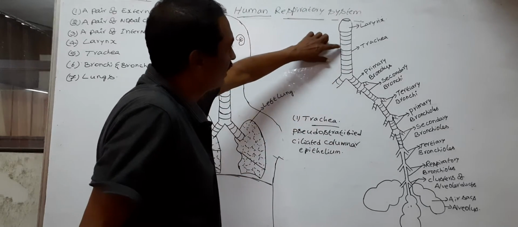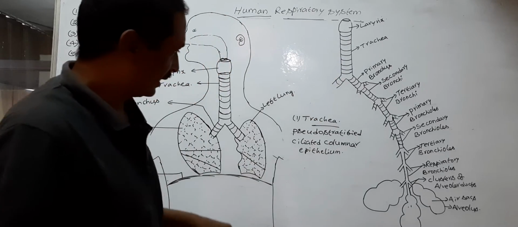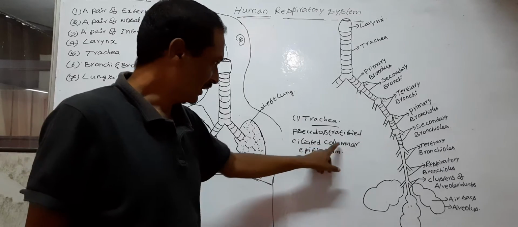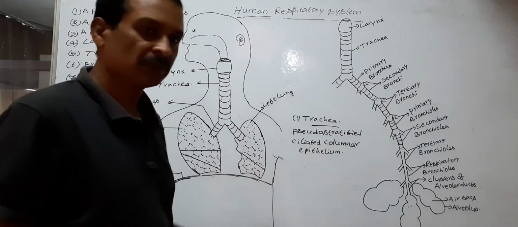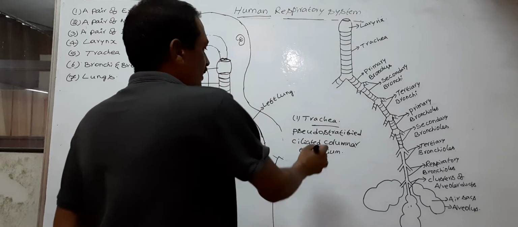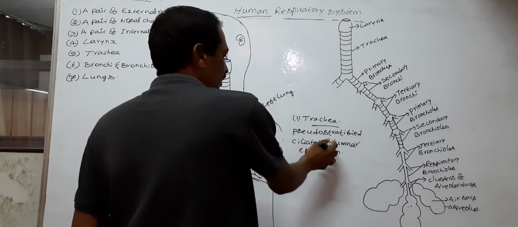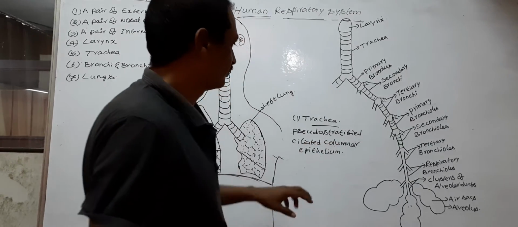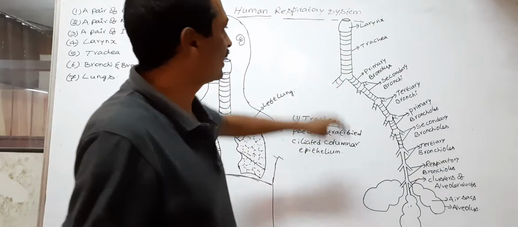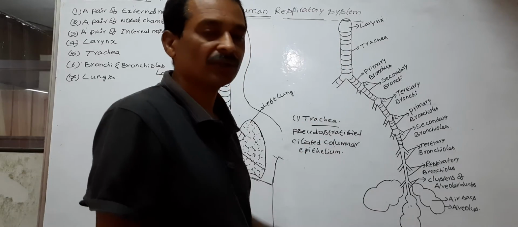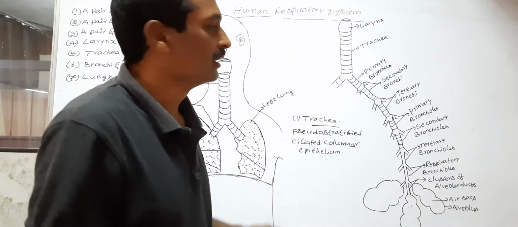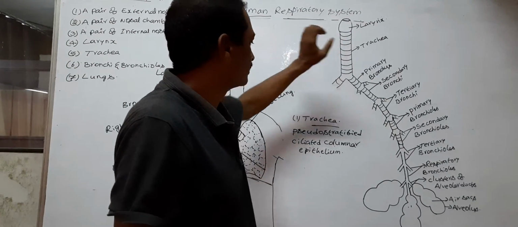So the trachea is internally lined by pseudostratified ciliated columnar epithelium. The ciliated columnar epithelium holds the dust particles which enter into the trachea through air during respiration.